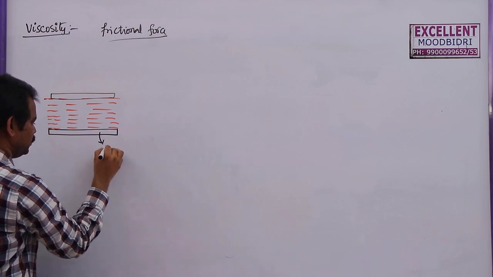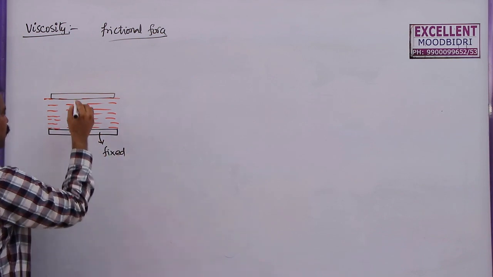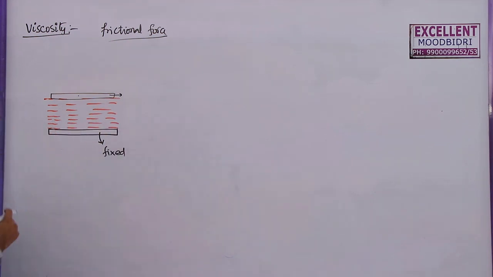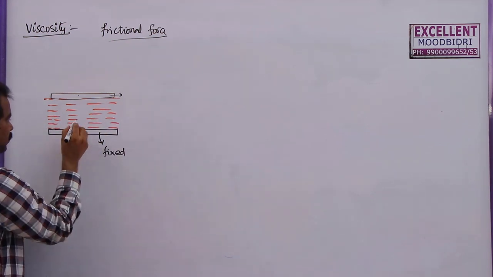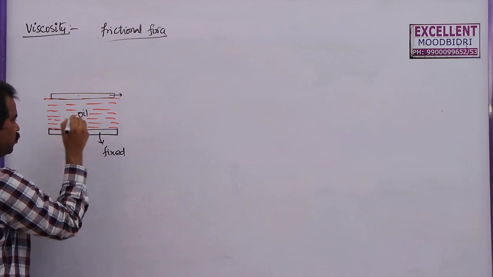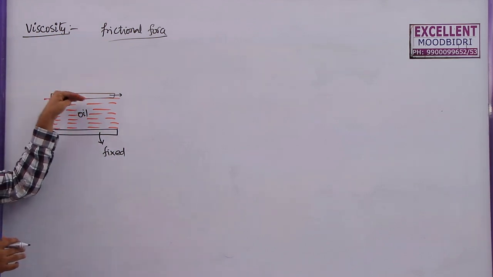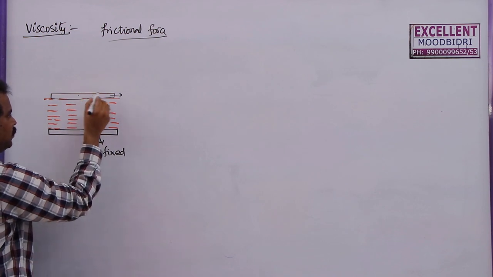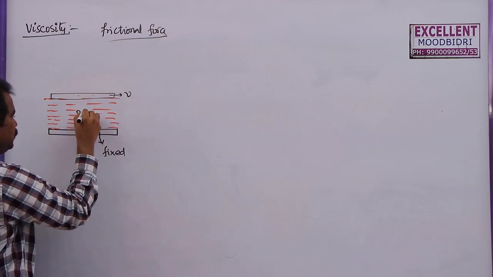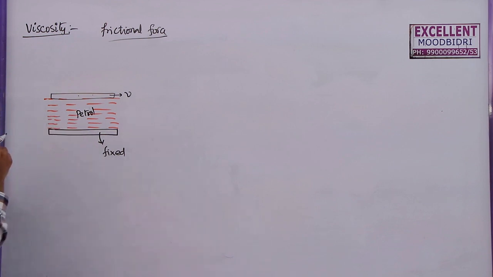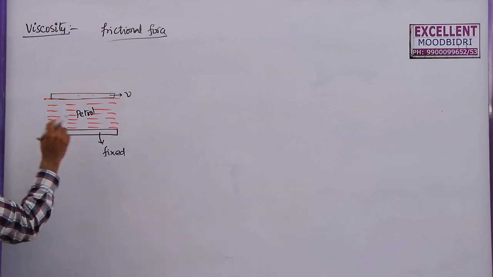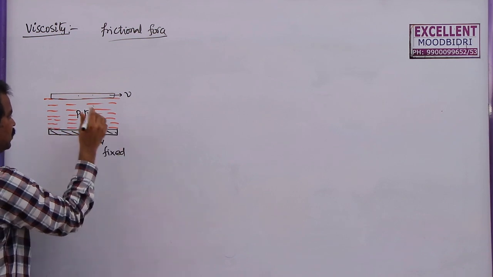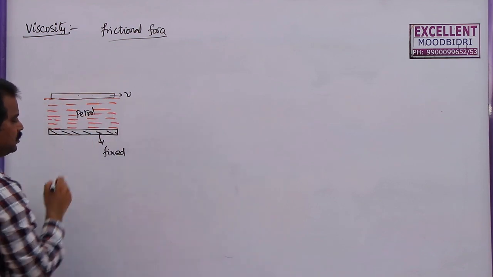This glass plate is fixed here, whereas this glass plate is moving with this liquid. Now, if it is, let us say, some coconut oil, it moves with some velocity. If it is petrol, then the velocity of this one will be different. If it is diesel, or some other oil, groundnut oil, whenever the liquid changes, the velocity changes. Here the bottom plate is fixed, but this one will move on the surface of it.